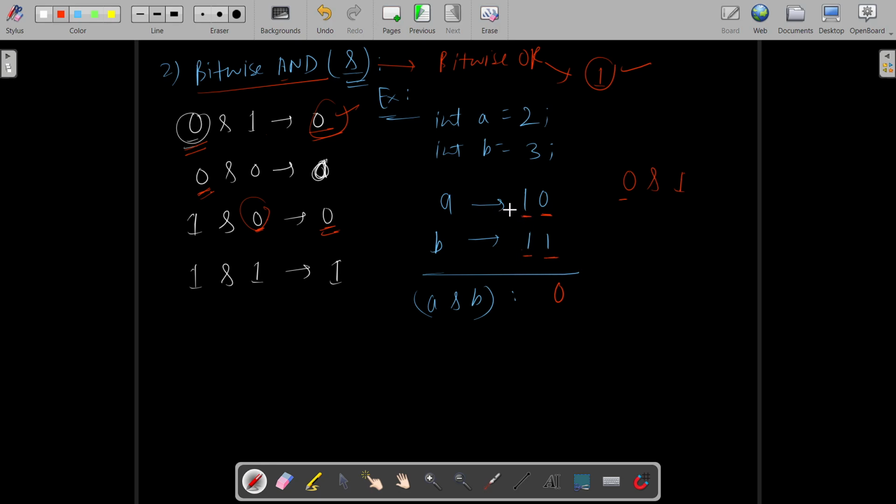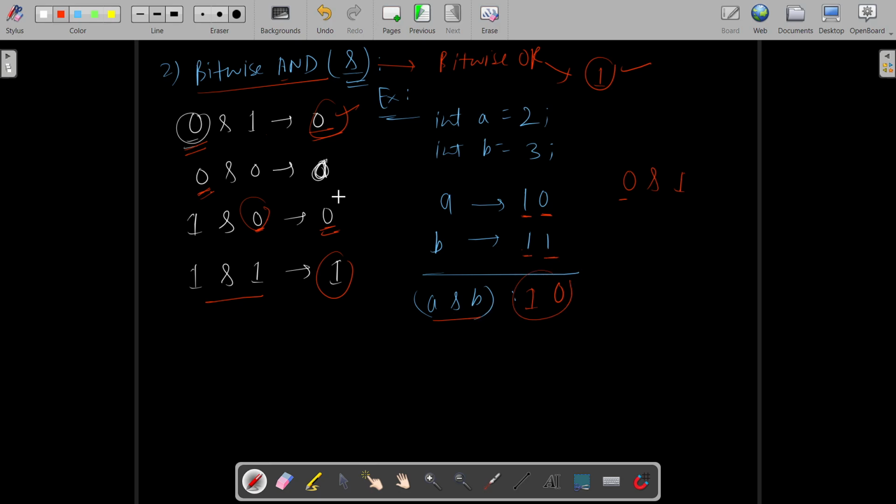You'll use the same technique even if there are multiple bits. I only have bits till the twos place. So 1 and 1, bitwise AND will give us 1 only. So this is the bitwise AND of the binary representations of a and b.